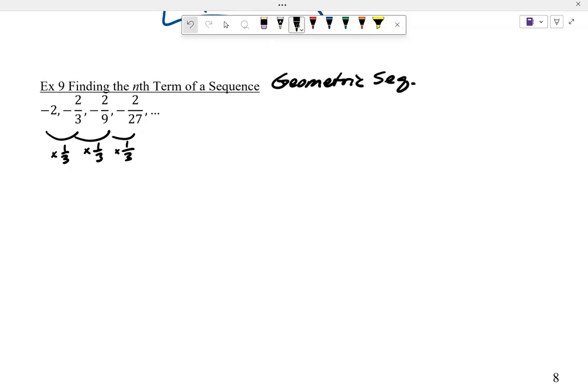And if you're not sure, to find the common ratio, you take the second term over the first term. So negative 2/3 over negative 2. Sorry about that. Which gives you the 1/3, right?